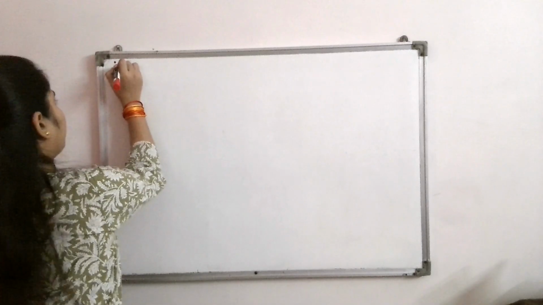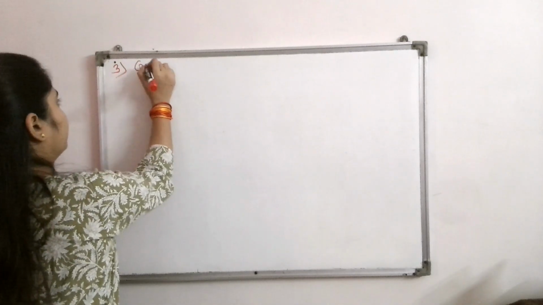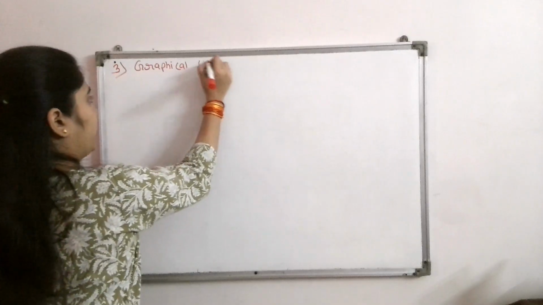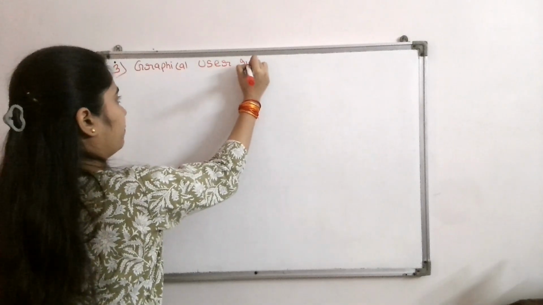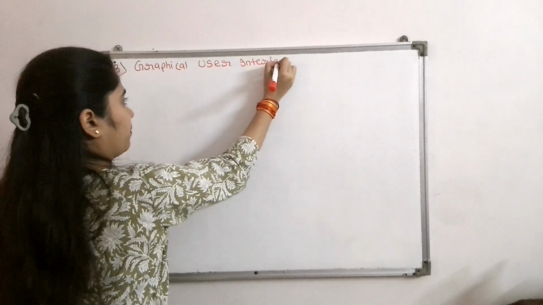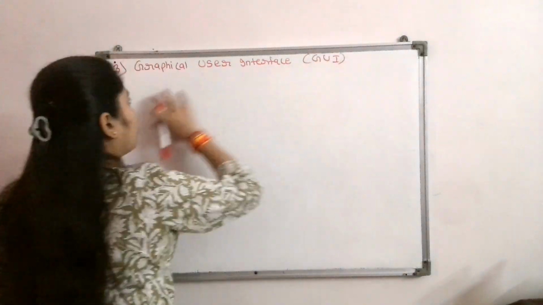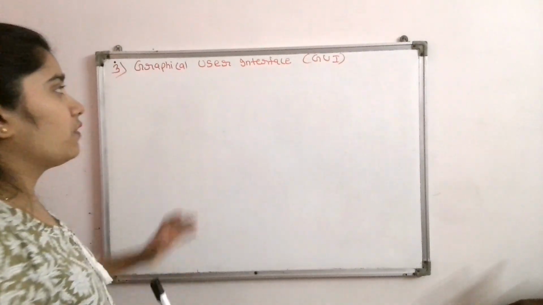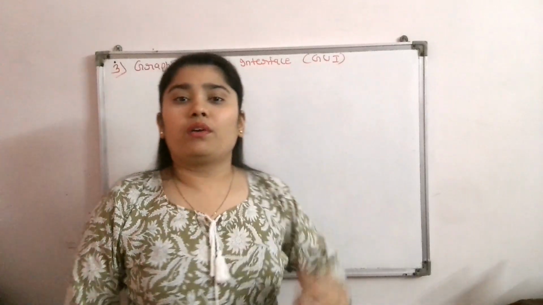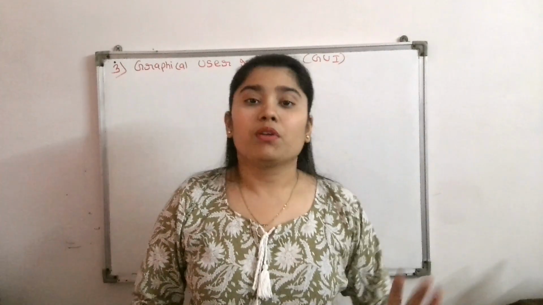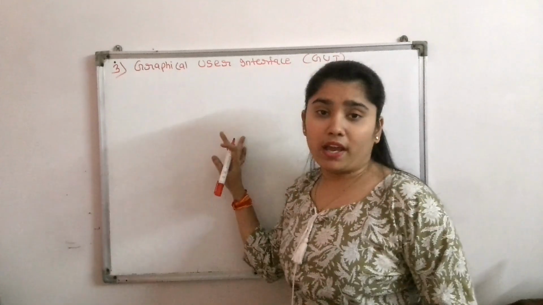Yes, so now the third type is the graphical user interface, that is GUI. This interface allows the users to interact with the database using buttons, icons or charts, etc. See, GUI users do not need to write commands.